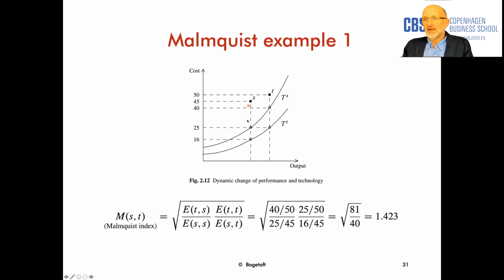You can also see that here, because you do have an increase in output from time S to time T, but the increase in cost is much more modest. It's more modest than it is here, for example. If you had the same change in output, you would have an increasing cost of 25, or 15. You only have an increasing cost of 5.